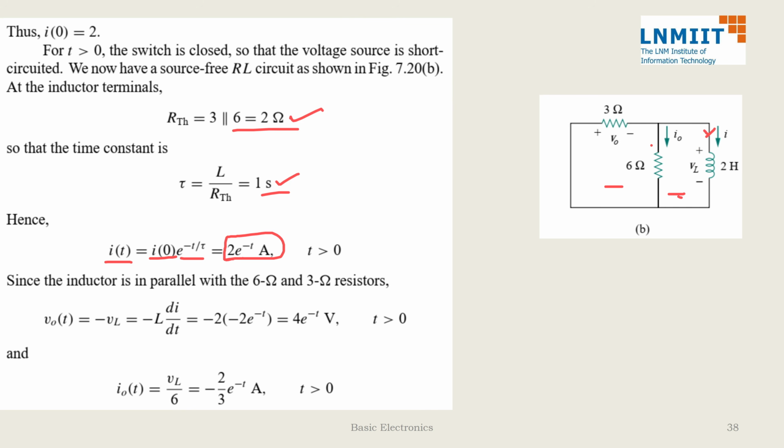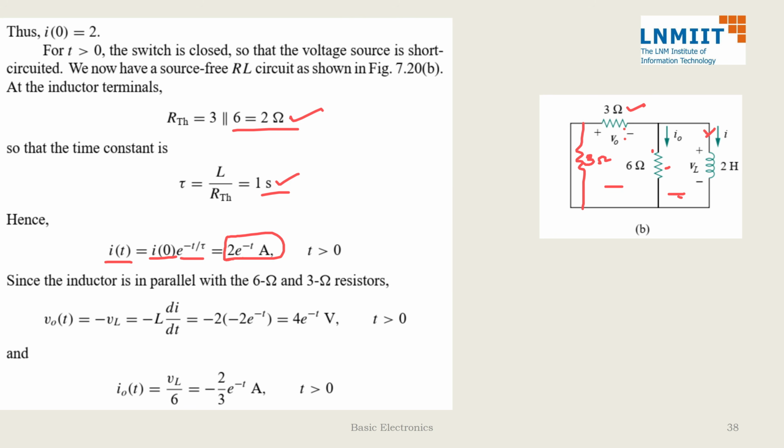Now this is the equation of current in the inductor. This is not the equation for current in this resistor or this resistor. Now these two are parallel to this inductor. So what will be V naught? V naught, if you see, I can place this 3 ohm here like this. That means 3 ohm is parallel to 6 ohm and parallel to 2 Henry.